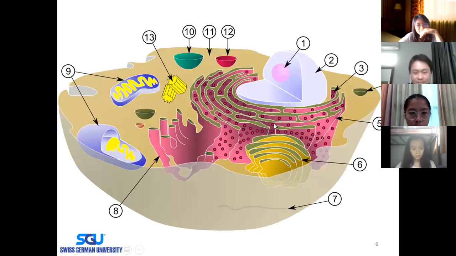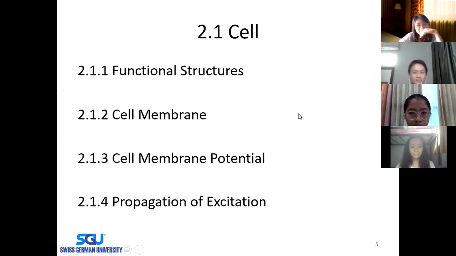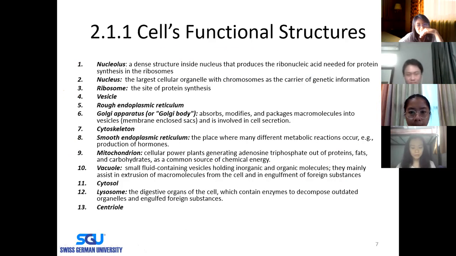This part, without any red dots, similar to the rough endoplasmic reticulum. The Golgi apparatus absorbs, modifies, and packages macromolecules into vesicles. Vesicles are small membrane-enclosed sacs involved in cell secretion.